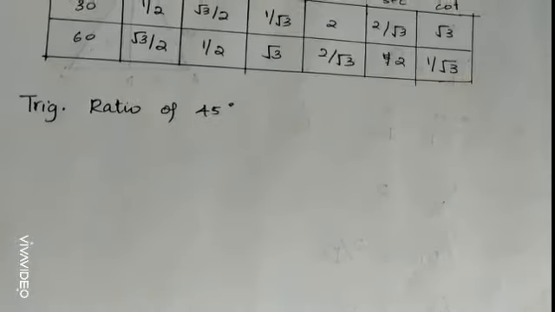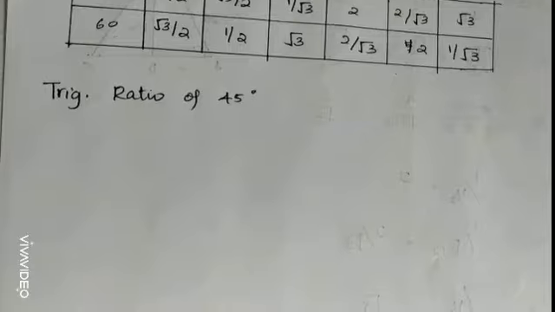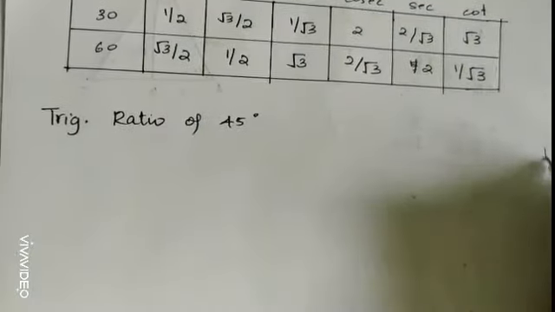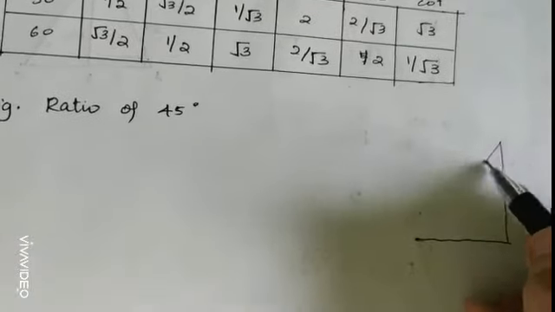Now trigonometric ratios of 45 degree. For that, let us consider a right angle triangle ABC.